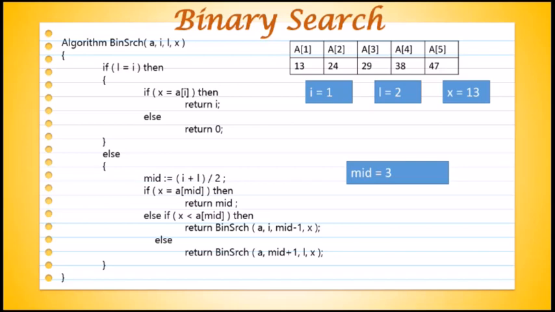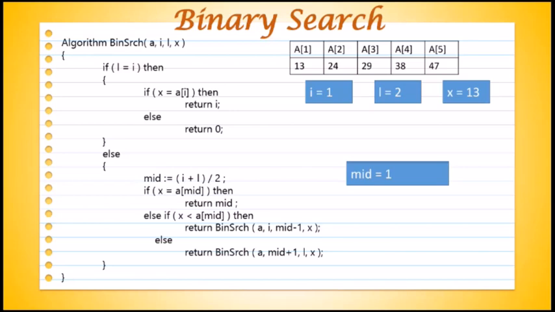So in the else part again, we are calculating the mid value. So 1 plus 2 divided by 2, that is 1. So now the new value of mid is 1. So here we will compare the x value with the value present in a of mid. So a of mid means what? A of 1.